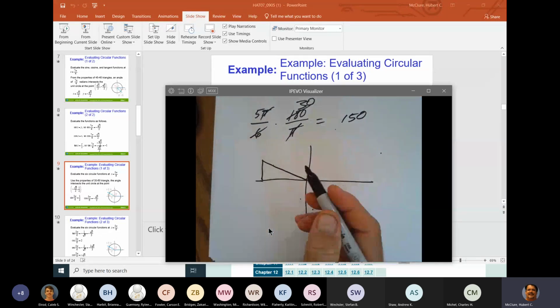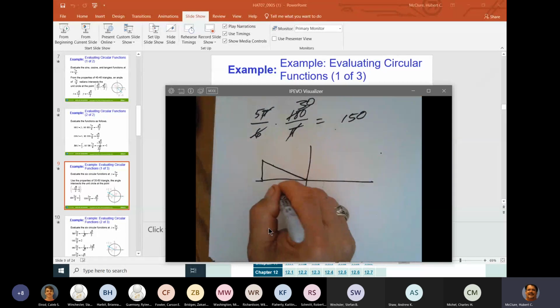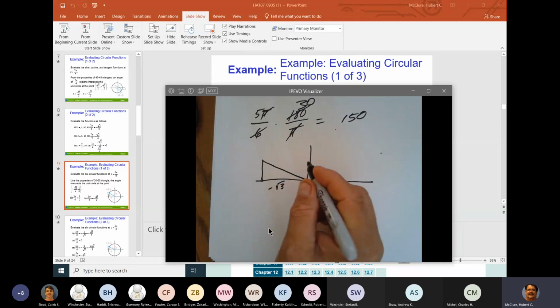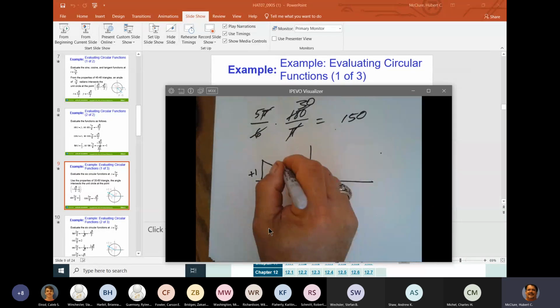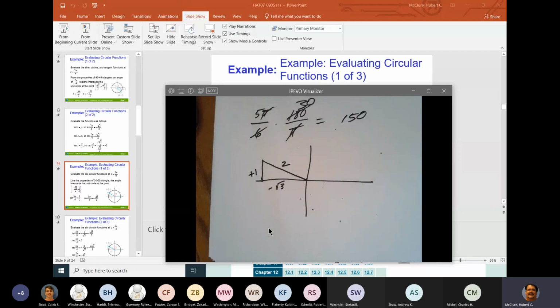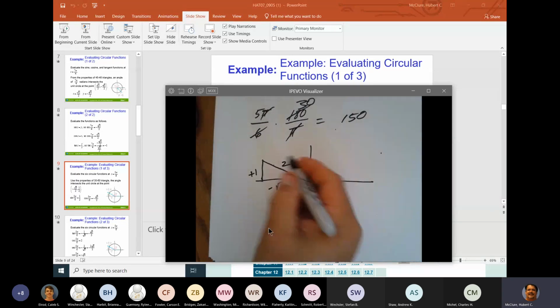So now you have negative square root of 3, positive 1 and 2. And the sine, remember, your little man is here.